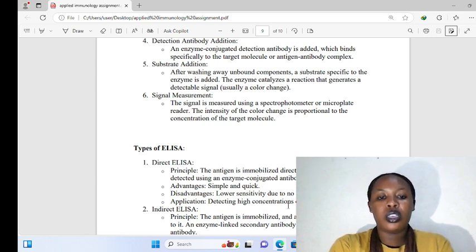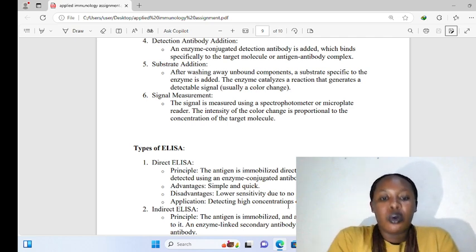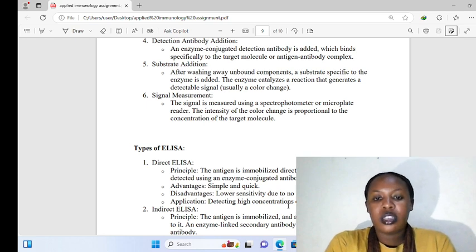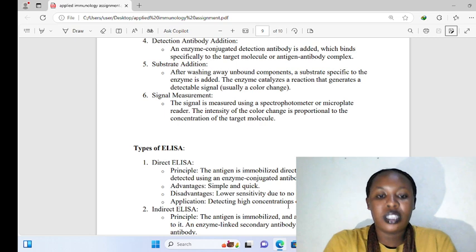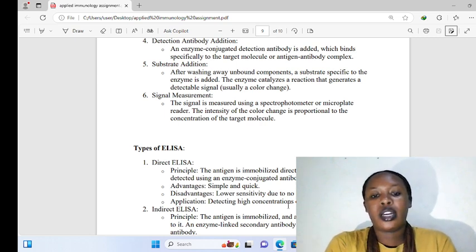This substrate is taken as a chromogen. After washing away unbound components of the antigen-antibody complex, a substrate specific to the enzyme is added. The enzyme catalyzes a reaction that generates a detectable signal, usually a color change.